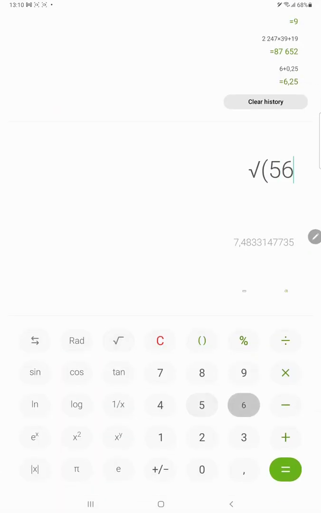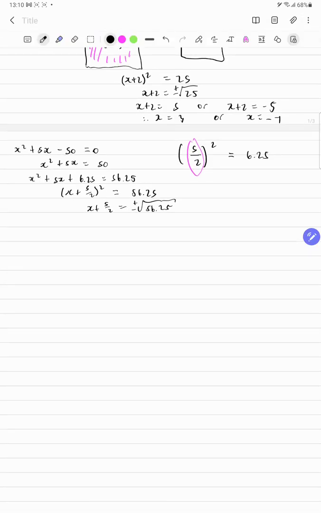The square root of 56.25 is 7.5. So x plus 5 over 2 is equal to 7.5, or x plus 5 over 2 is equal to negative 7.5, because it has a positive and a negative root, right? So x is therefore equal to 5, or x is equal to negative 10, my bad. There we go. And that would be completing the square.